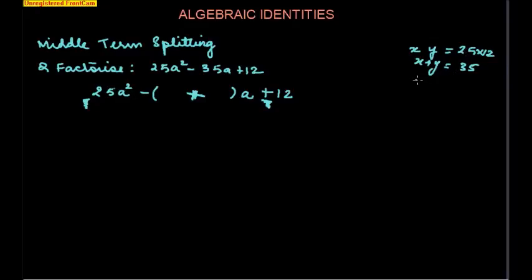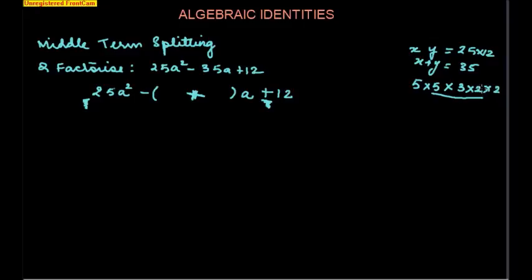I take the factorization of 25, it is 5 into 5, and of 12 it is 3 into 2 into 2. I will now do the grouping. Please see, 5 into 3 into 2 becomes 30, and 5 into 2 becomes 10.